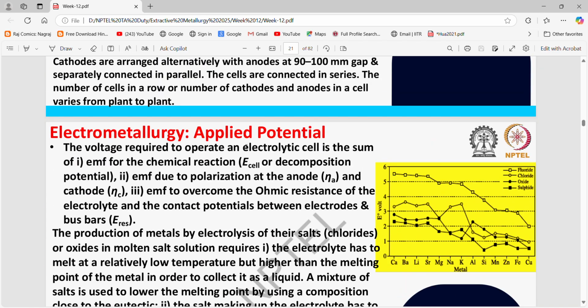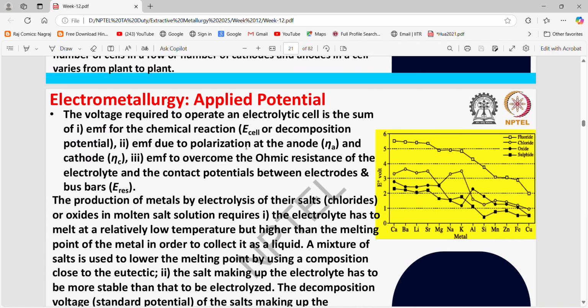Then coming to the applied potential during electrometallurgical operations, the voltage required to operate an electrolytic cell is the sum of the EMF for the chemical reaction, or E cell or decomposition potential, then the EMF due to polarization at the anode or cathode material, and the EMF to overcome the ohmic resistance of the electrolyte and the contact potential between electrodes and bus bars.